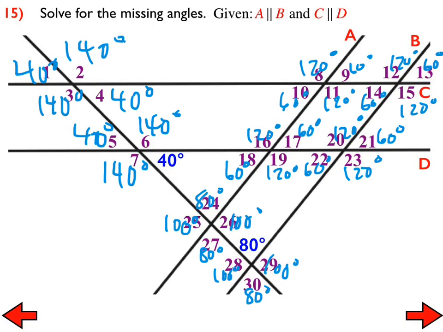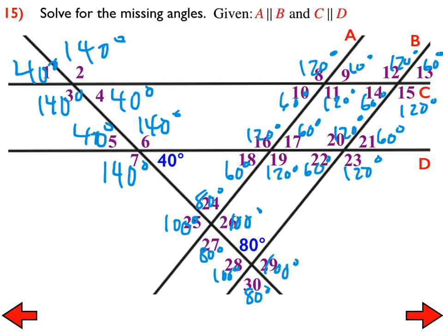All right, let's quickly take a look at number 15. This is the reason why number 1 in the homework doesn't have angle numbers in there, because it just starts to look messy as we start to fill things in. But really, in this problem, even though it looked difficult at the beginning, since you have two pairs of parallel lines, there are lots of angles that are the same.